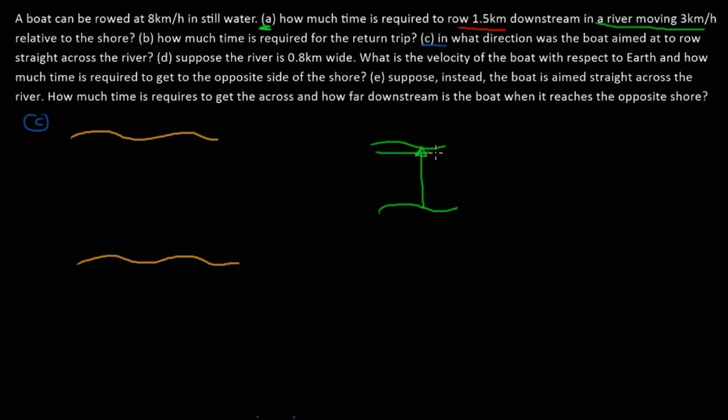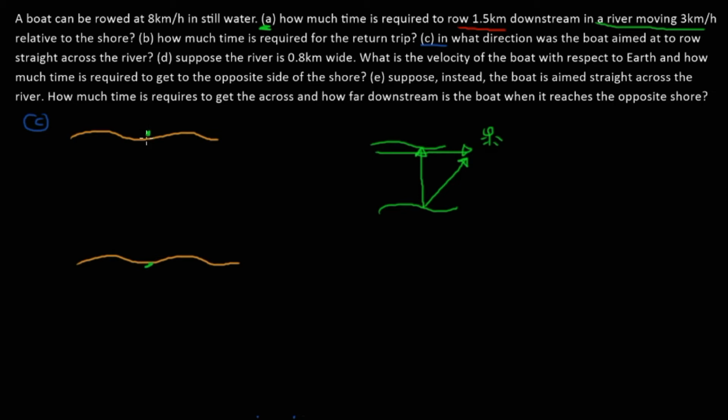If I place the boat in this manner, the movement of the river will affect it, the river moves along this direction, and as a result, the person on the shore will see it moving in this manner. So it will not move straight across the river. So this is one side of the river and this is the other side.